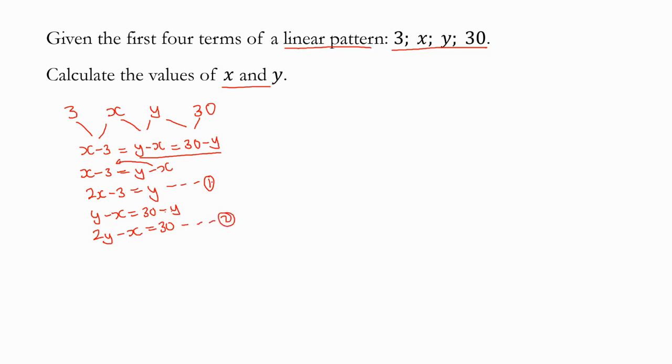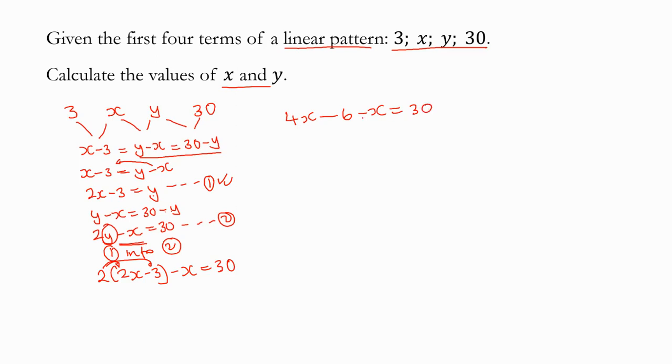We have y here in equation 1 as the subject, so we can substitute equation 1 into equation 2. Where there's y, we put 2x minus 3. So it's 2 times (2x minus 3) minus x is equal to 30. Let's remove the bracket, distributing 2, so it becomes 4x minus 6 minus x is equal to 30.